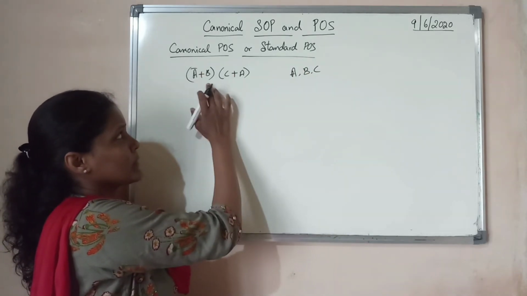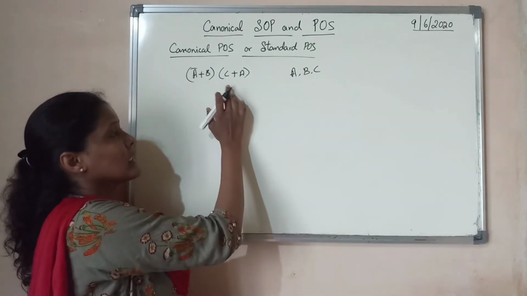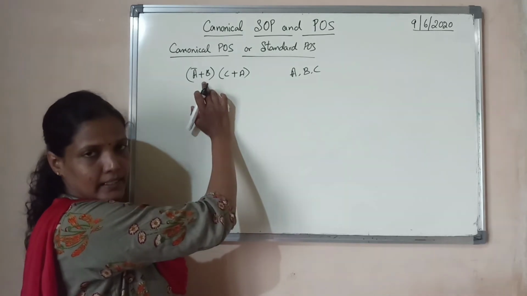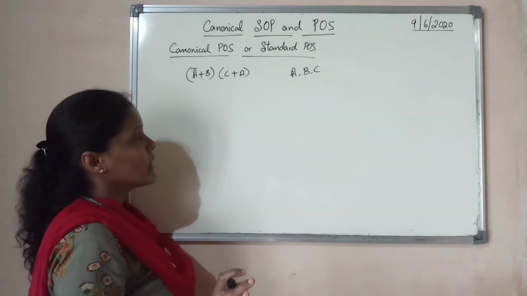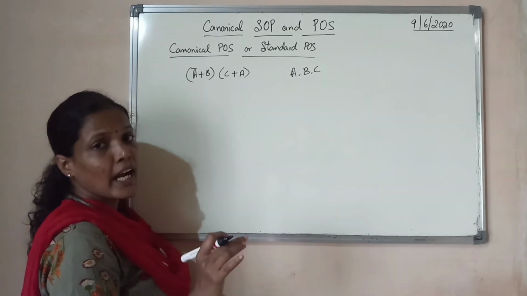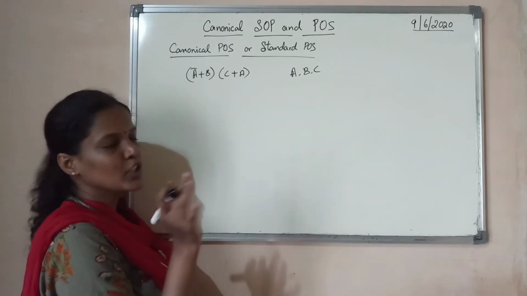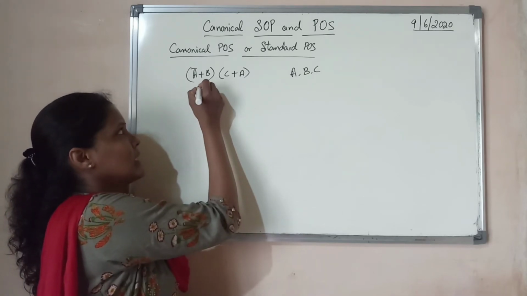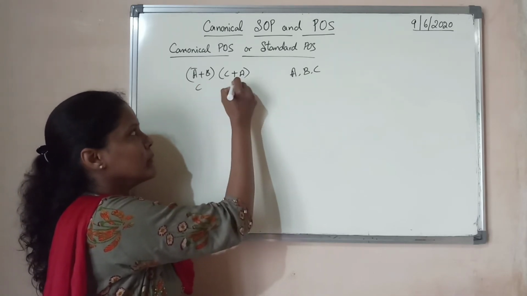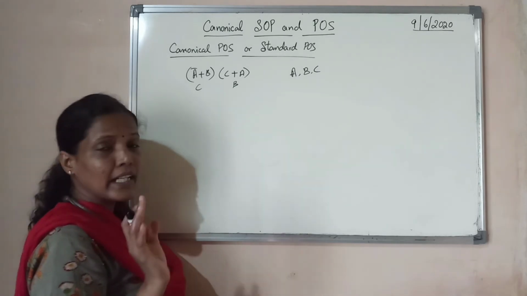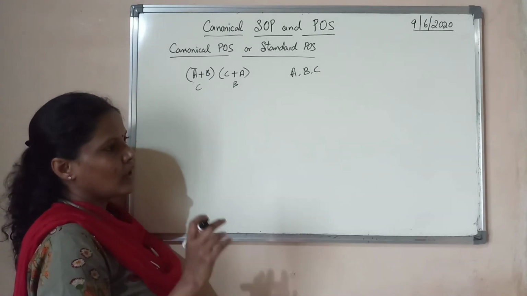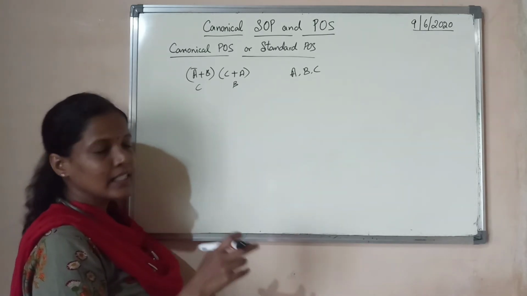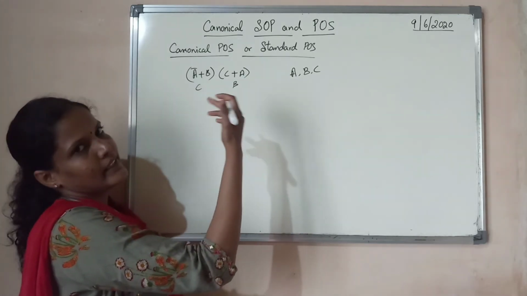In this particular expression, I am having two terms, but not all the variables are present in each term. So what we are going to do is, first step, identify the missing variable in each of the terms. In this term, C is missing, here B is missing. Then you have to form a term by ANDing the missing variable and its complement.